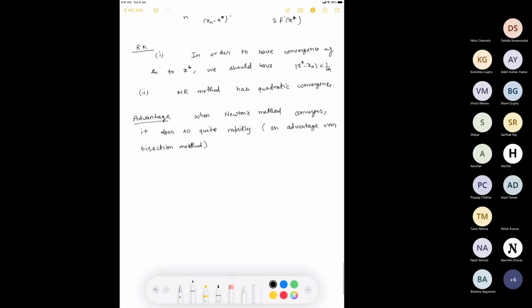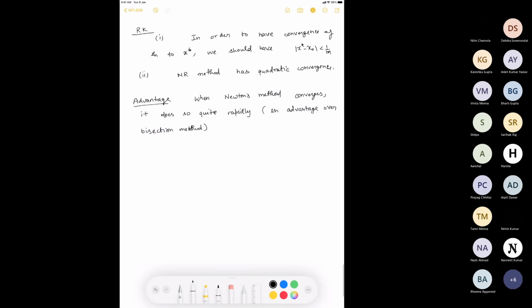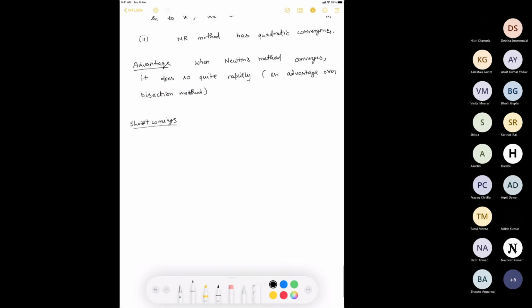But at the same time, this algorithm also comes with a set of drawbacks. So let's discuss a few of them. The first drawback is that it might happen that this method does not even converge in some cases.